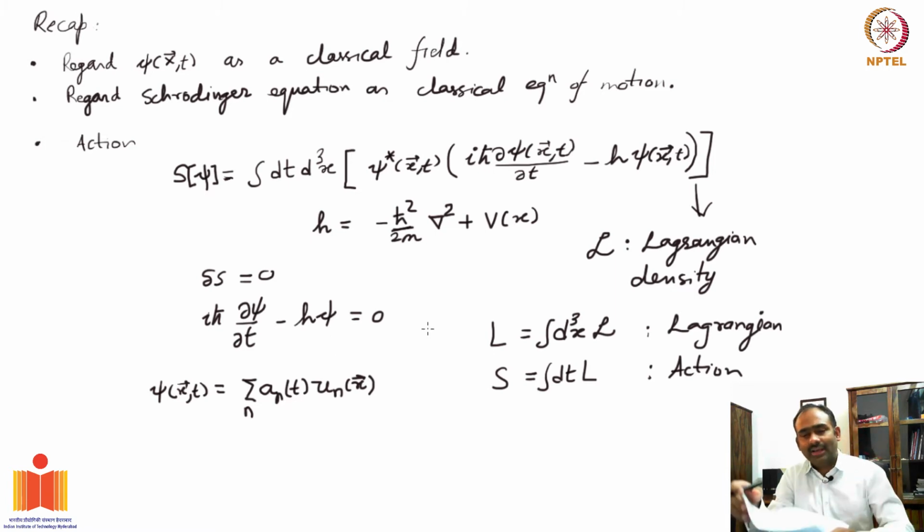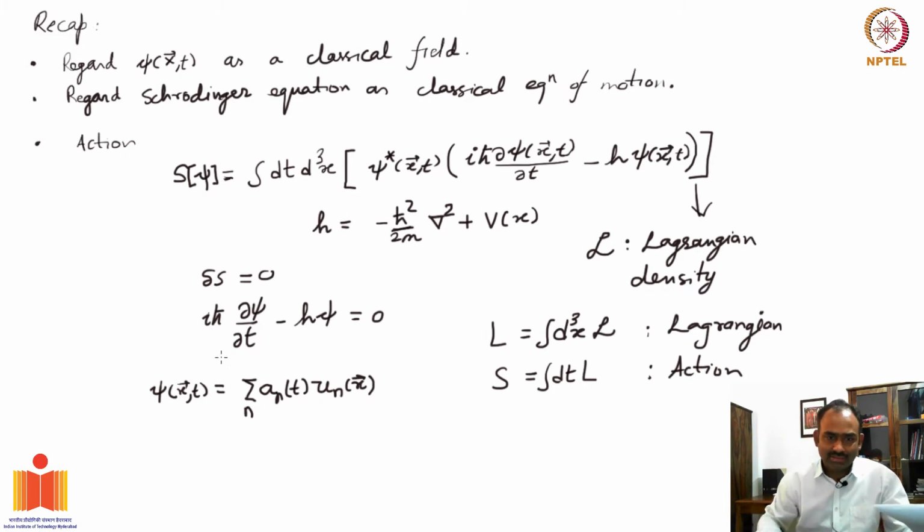Now if the a's are the dynamical variables, I would like to write down my Lagrangian, action, Hamiltonian, everything in terms of these a's. So I will use this decomposition of psi and express everything in terms of the dynamical variables a.